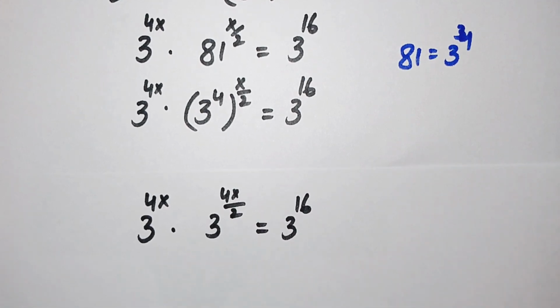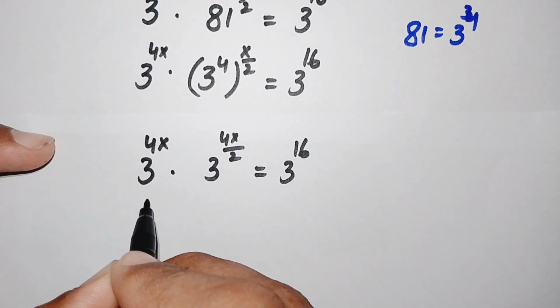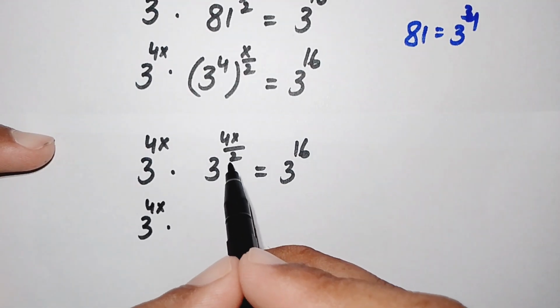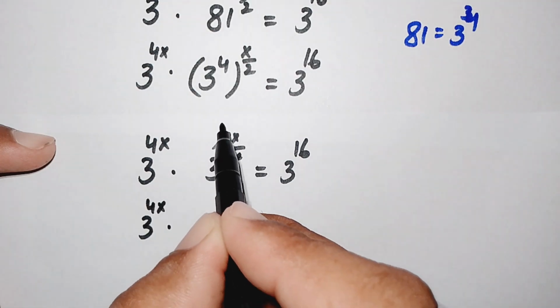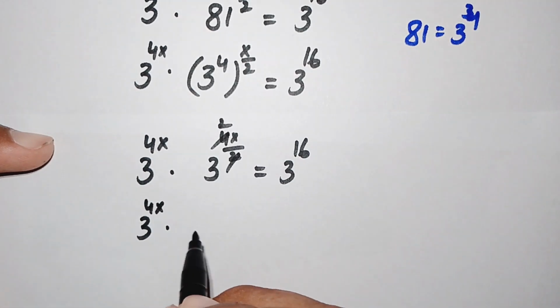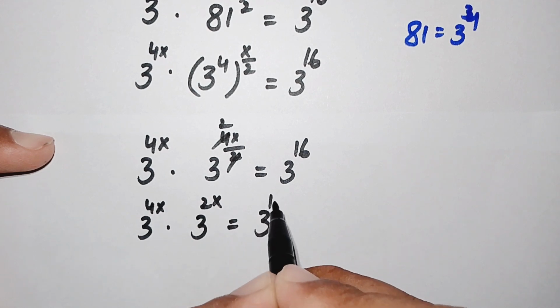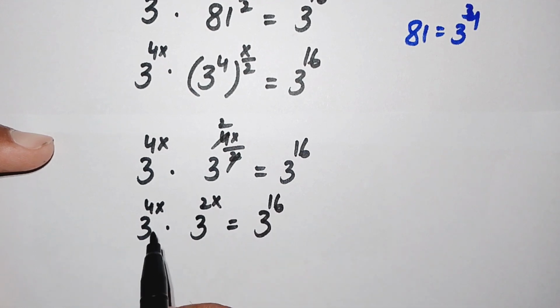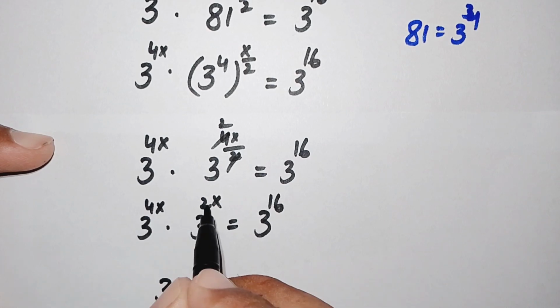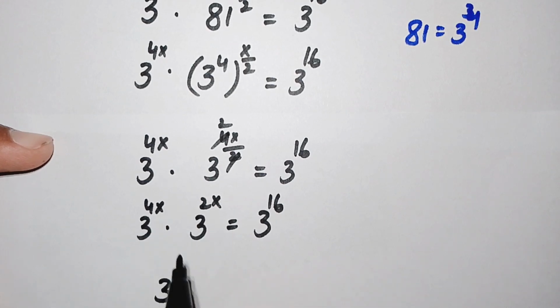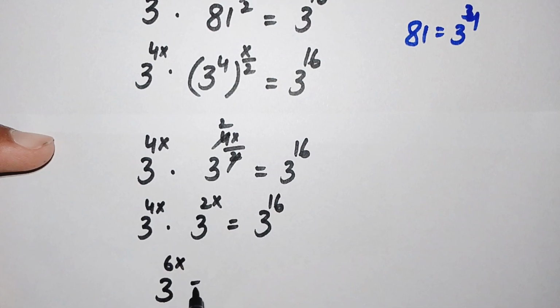In the next step, 3 to the power of 4x times, and here this 2 cancels with 4, so 2 times 2 is equal to 4, so this will become 3 to the power of 2x, which is equal to 3 to the power of 16. Now in the next step, the bases are the same, so we have to add the powers also. So 3 to the power of 4x plus 2x, which will become 6x, is equal to 3 to the power of 16.